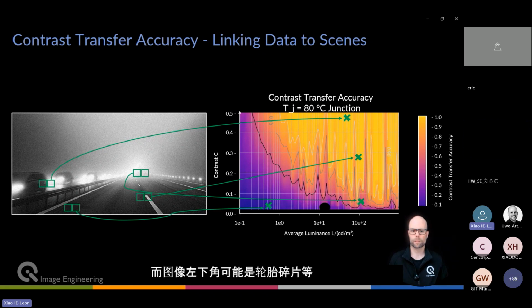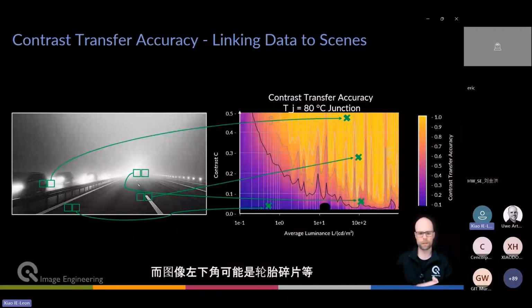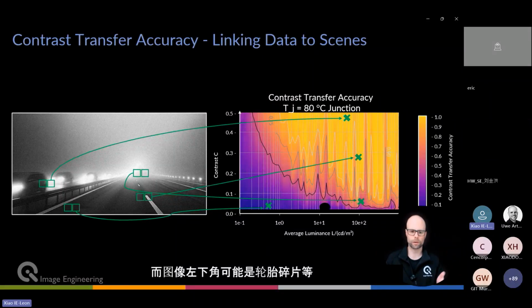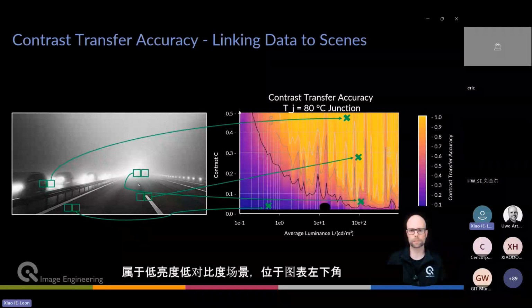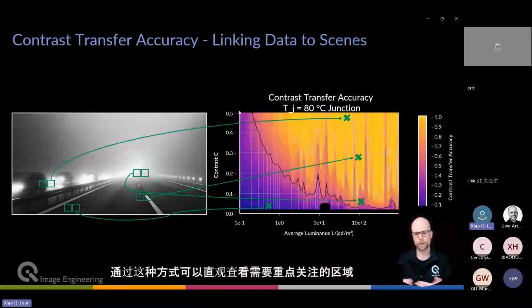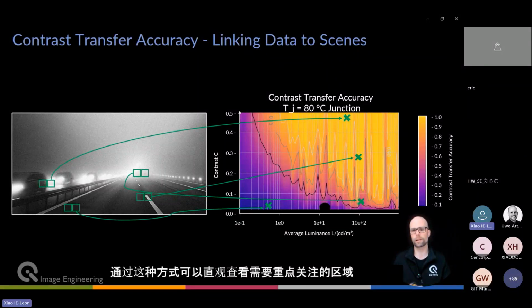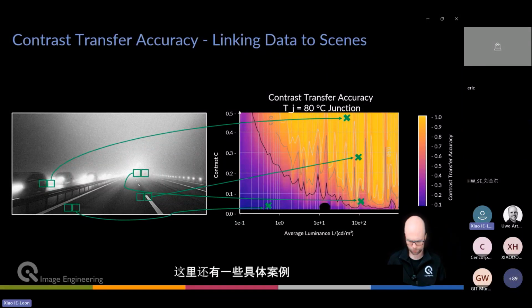But then you also have some rubber pieces or tire pieces in the lower left of the image. That is a dark object on the dark road. So that is low light, low contrast, in the lower left. That's the very challenging part of imaging. This way you can see where the different areas are that I should have a look at. But I also have some examples here of where to look.